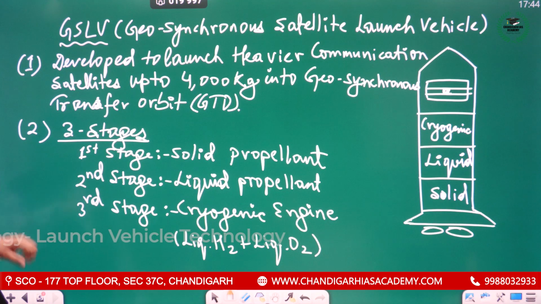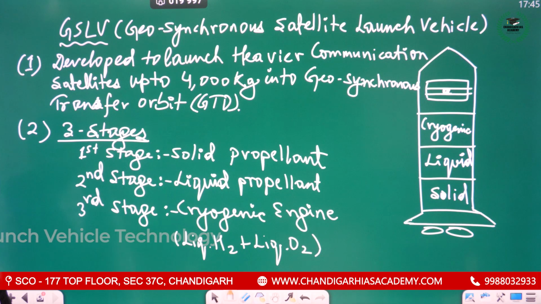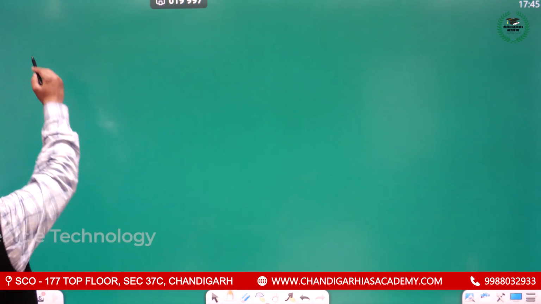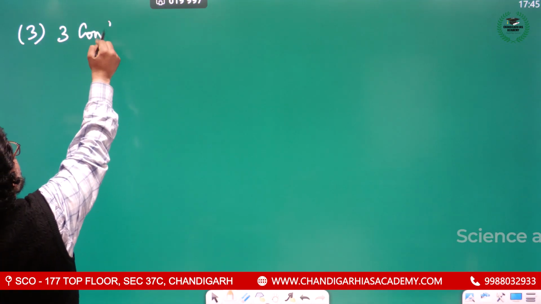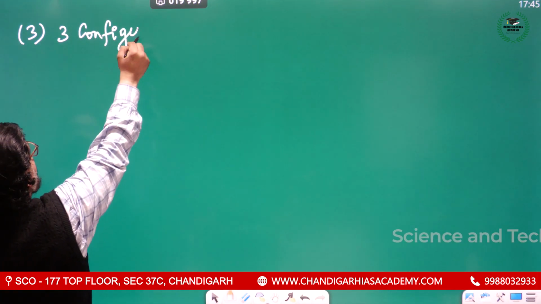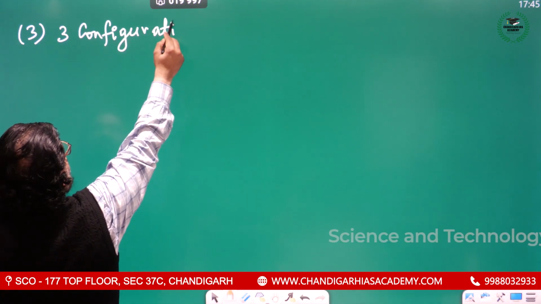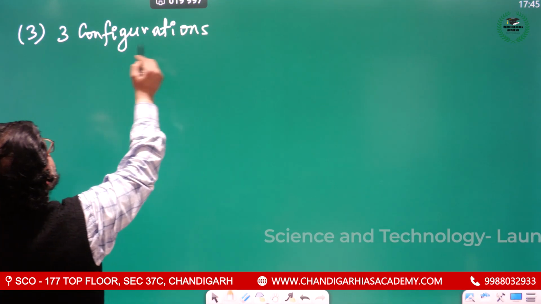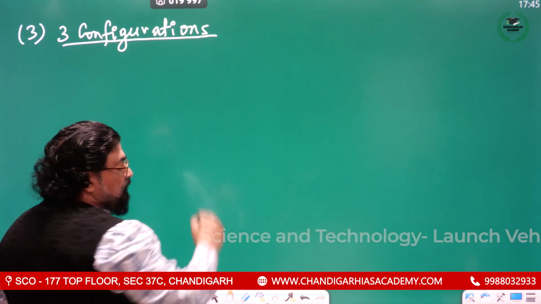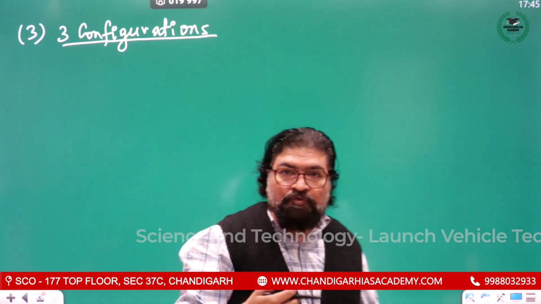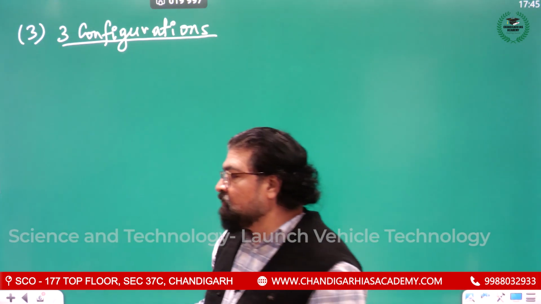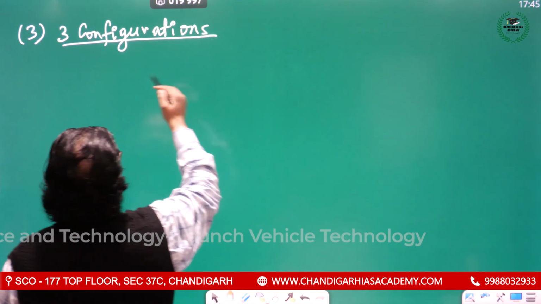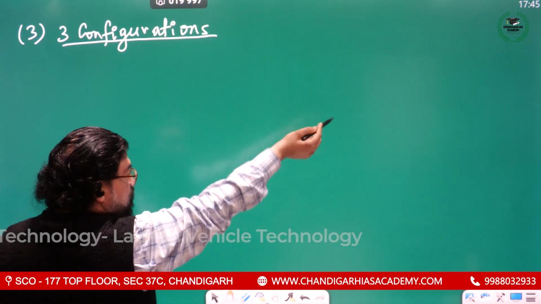Now, based on the design aspect, we have again 3 configurations. Out of that, the first configuration, Mark 1, we are right now not using. Whenever we have to launch a satellite up to 2,000 kilogram, we can use PSLV-XL. But yes, GSLV Mark 2 and Mark 3 we are using.